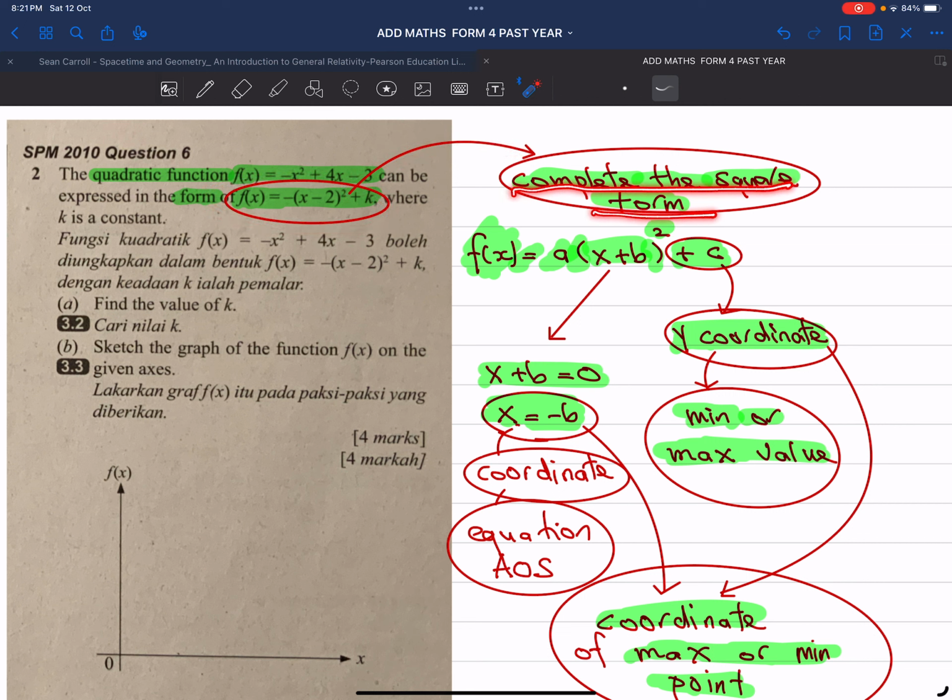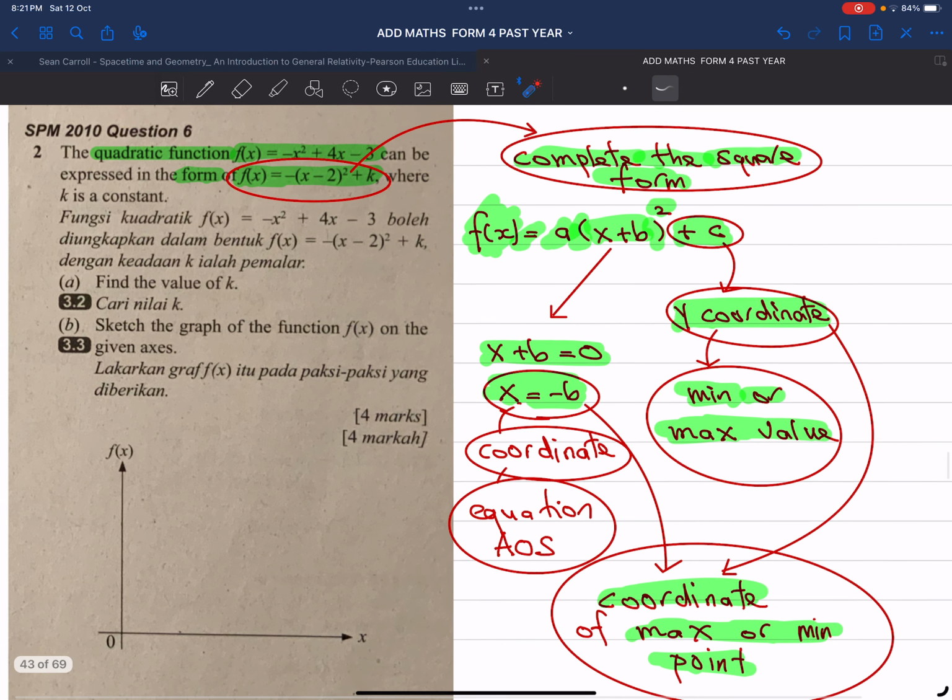From my previous videos of notes, the complete the square form is f(x) equals a brackets x plus b square plus c, where a, b, c are any numbers. The number outside the brackets is the y coordinate, which is also the minimum or maximum value.